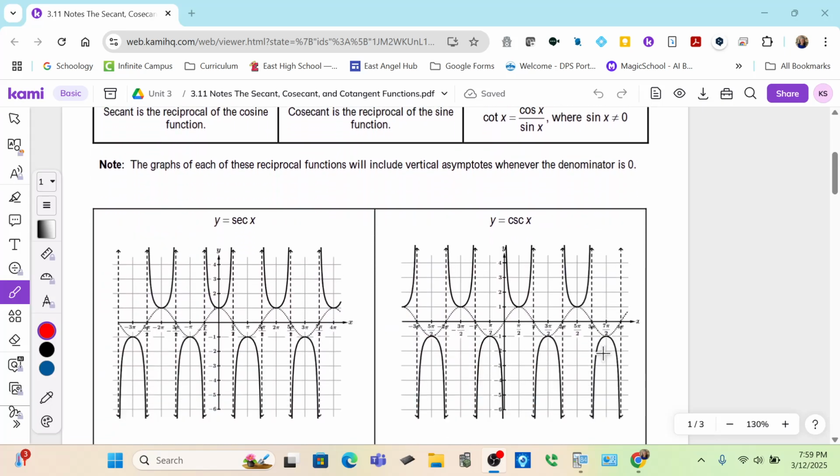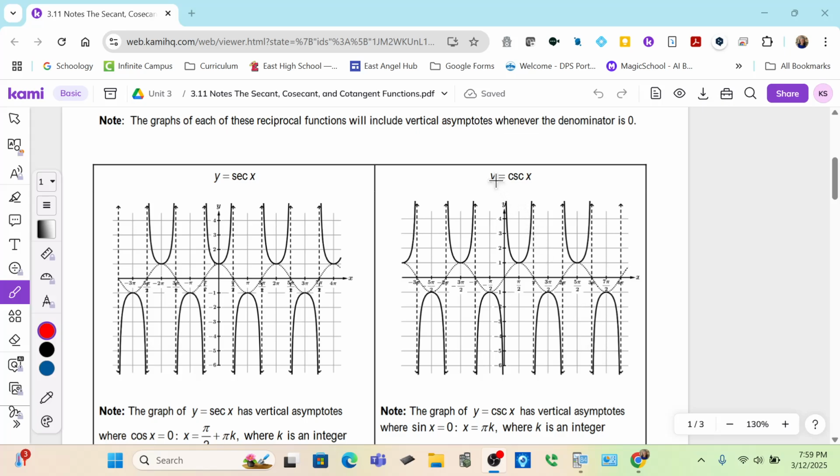So you'll notice that these graphs are also different because they have vertical asymptotes. We have vertical asymptotes at those values that sine and cosine and tangent can't equal 0. And if you look at this first one in the middle here, what we see is the graph of cosine.